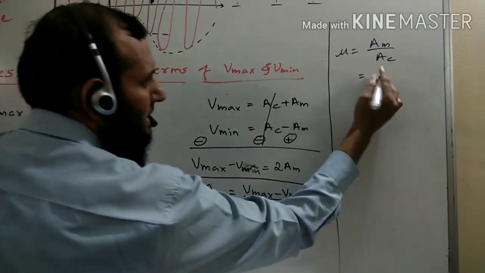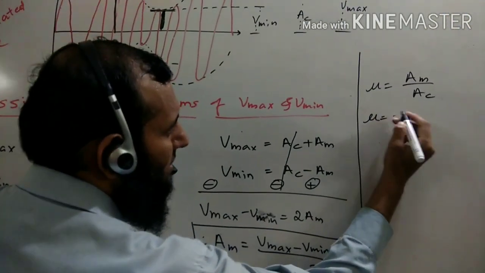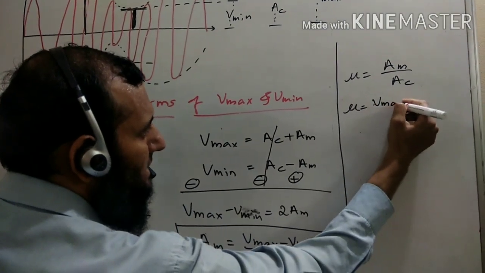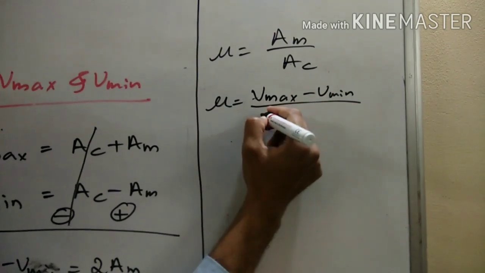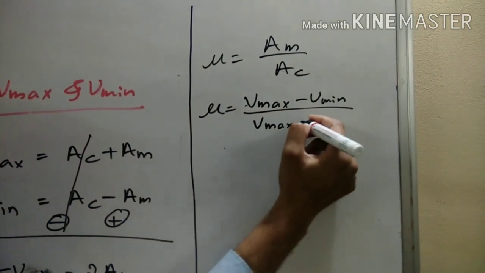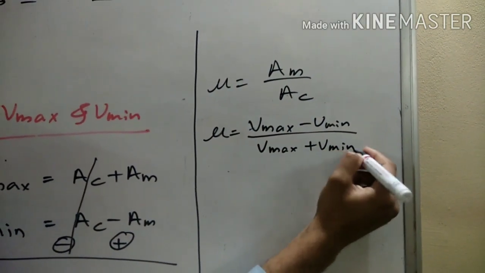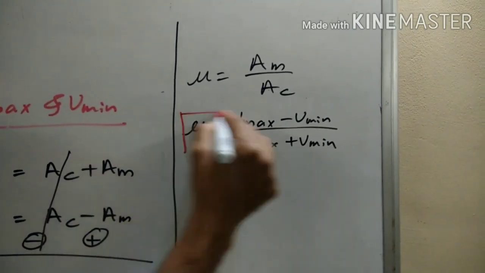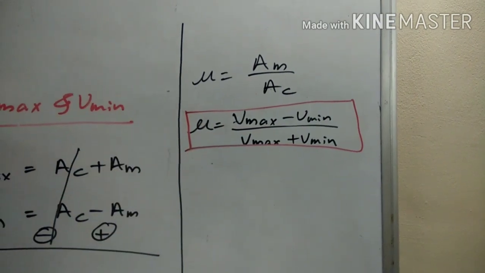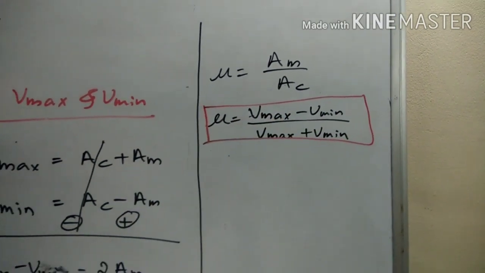What remains is mu is equal to V maximum minus V minimum by V maximum plus V minimum. So this is an expression for mu, modulation factor, in terms of V maximum and V minimum.